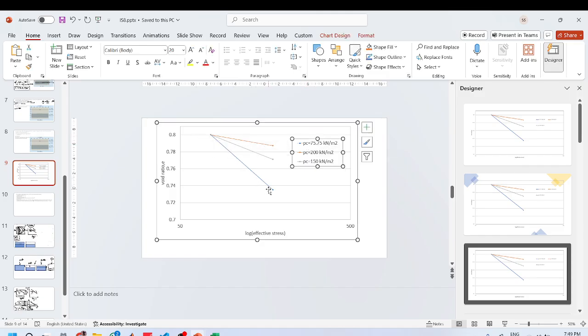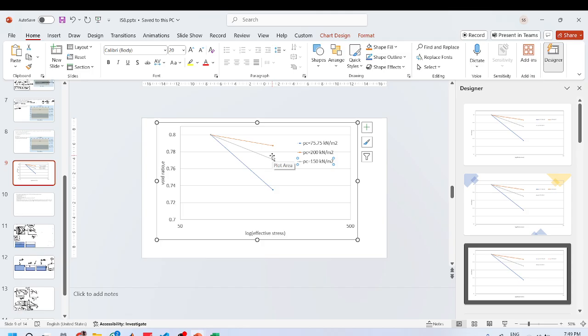It had a greater slope. The one that was over consolidated throughout had a lower slope, and one that had both NC and OC branches had kind of intermediate slope.